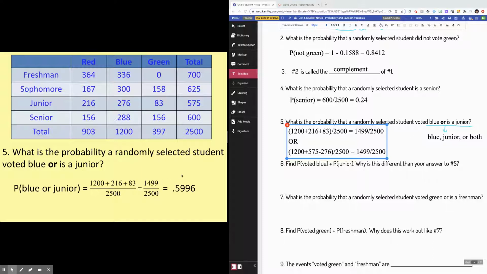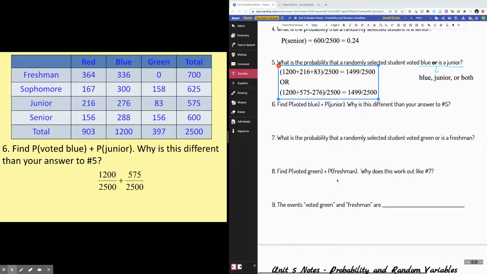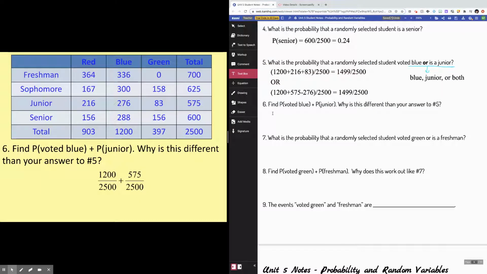Okay, so let's look at number 6, which says find just the probability of voting blue plus the probability of junior, right? And they want to know why that is different from the answer in number 5. So the probability of blue is 1,200 divided by 2,500, plus the probability of junior is 575 divided by 2,500.